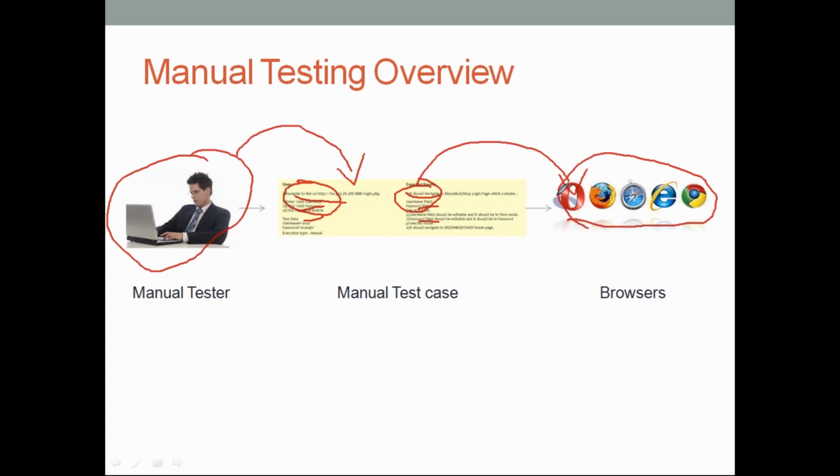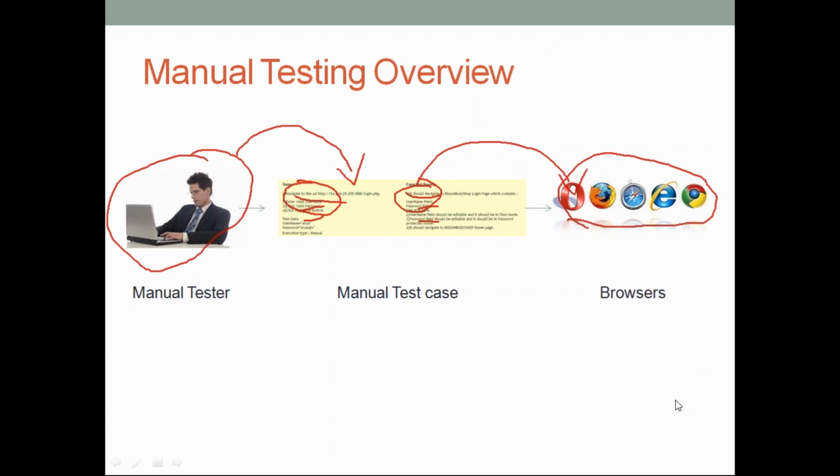That's the reason the language preferred for manual testing is English, right? So someone, the manual testers, will be documenting and maybe someone else will be executing the test cases on top of the browser. That is how the flow is with manual testing right now.